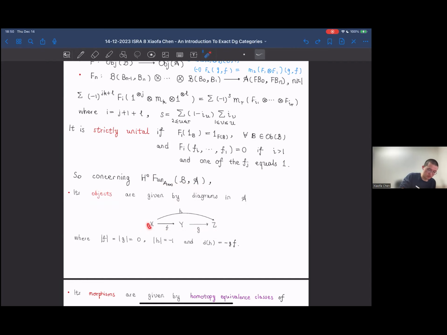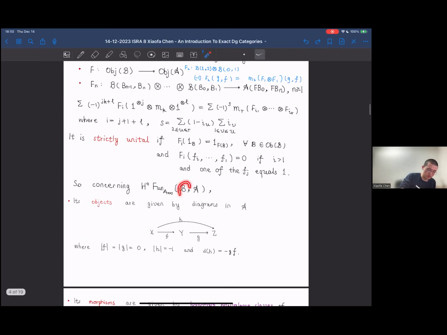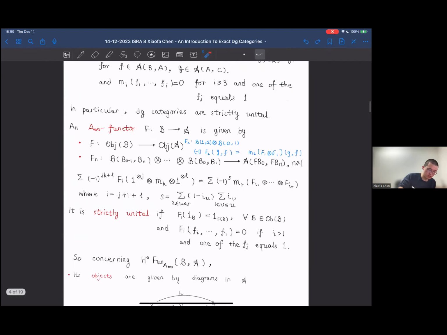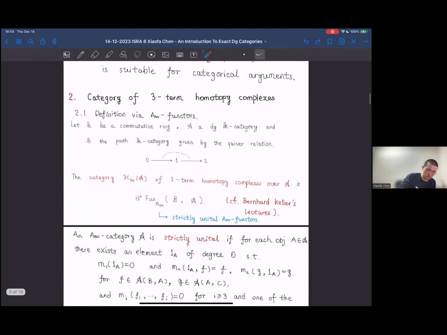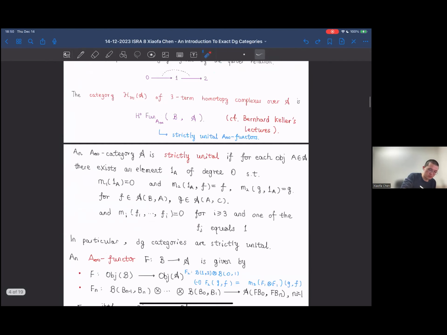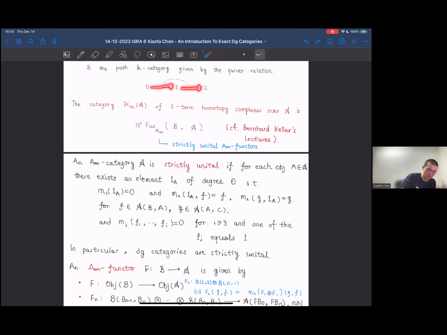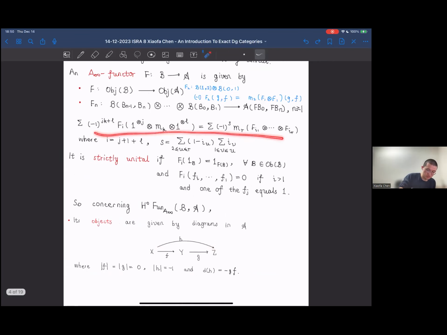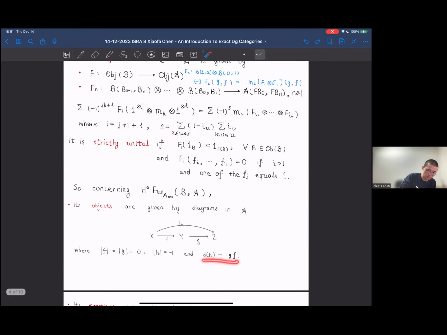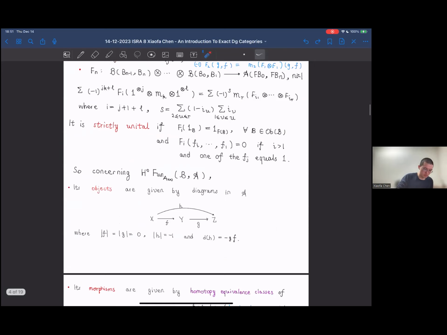For each object in B, we have a corresponding object in A, and for these two arrows, we have the corresponding arrows, and for the pair of these arrows, we have a degree -1 map, and this equation means that the differential of this map is the negative of the composition of these two.